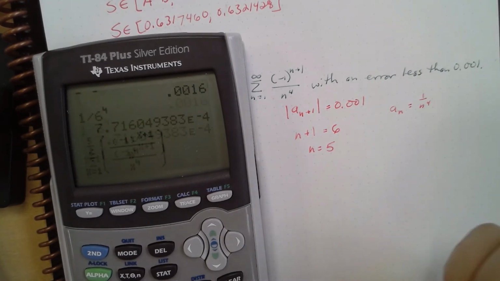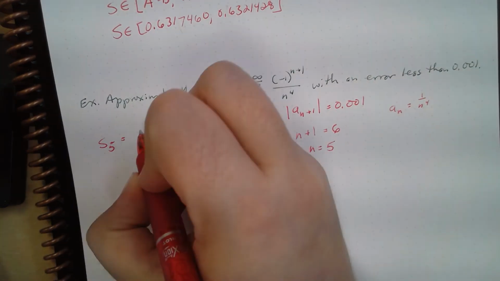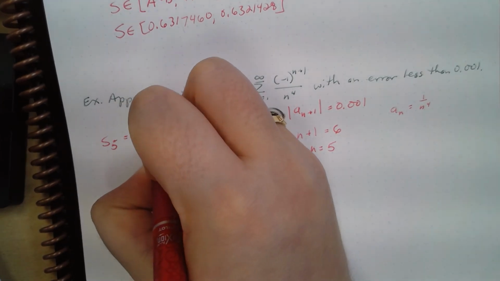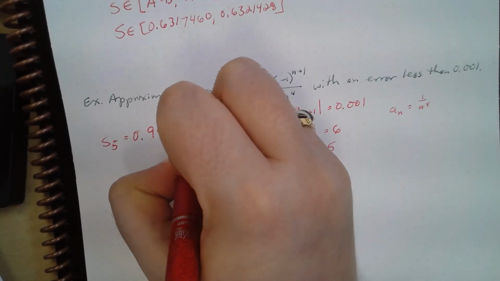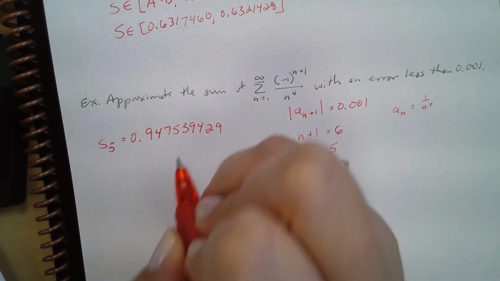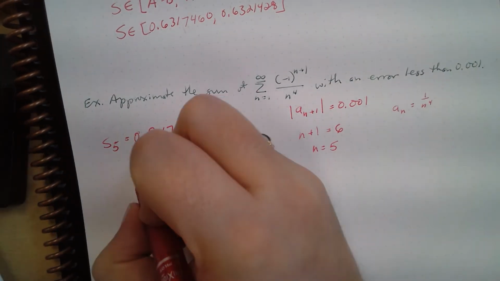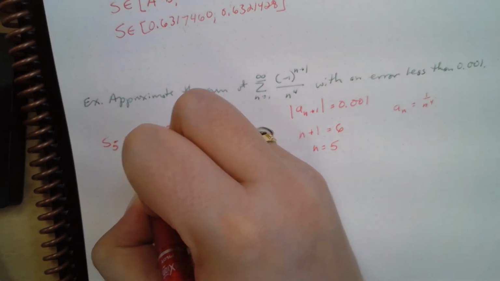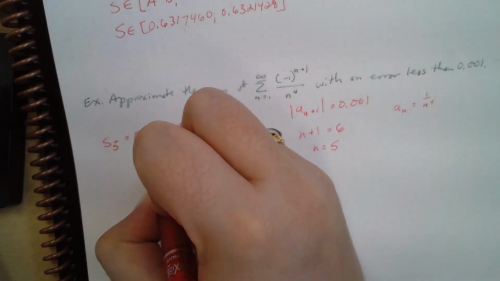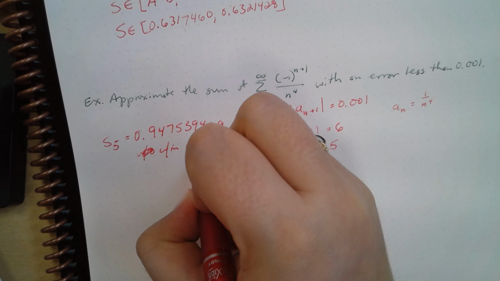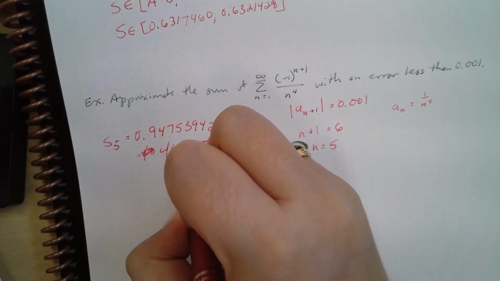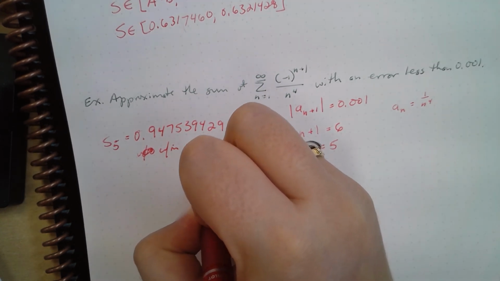And I hit enter, so I get 0.947539429. Okay? So that is within 0.001 of the actual sum.